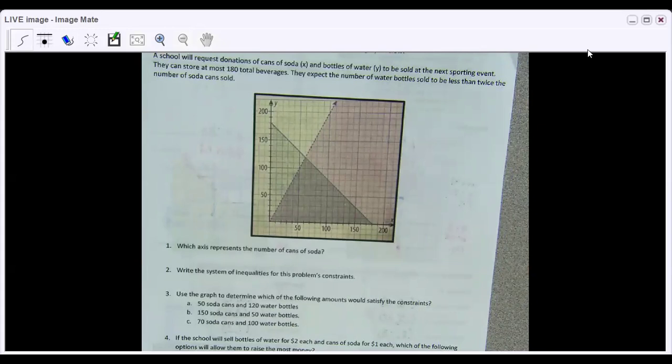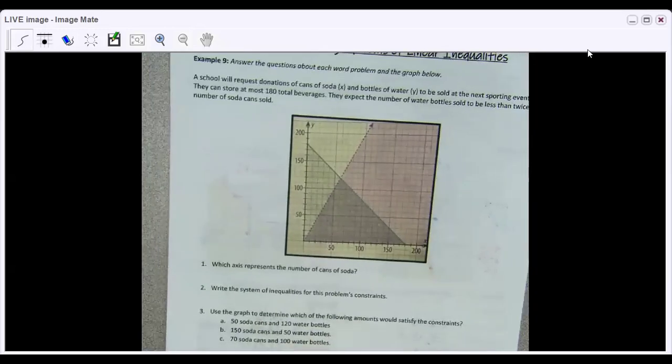Oh, I don't have a copy of it. Oh, here we go. So let's read this scenario here. And they have graphed the scenario.